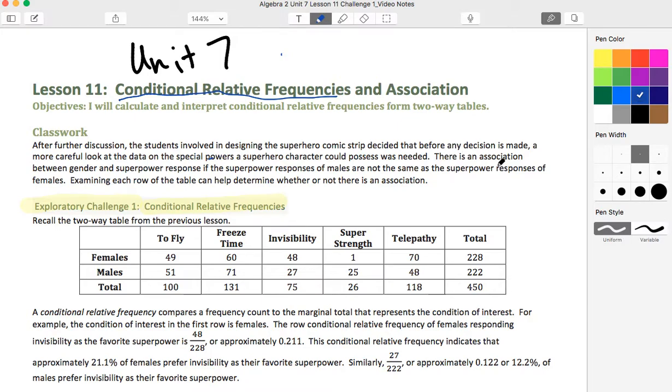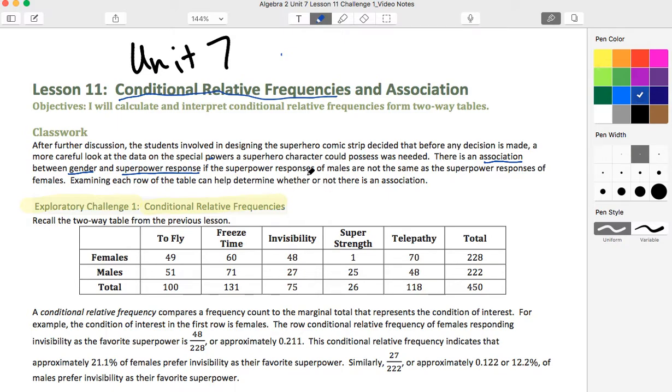There is an association, a special word we're going to use in later exploratory challenges, between gender category and superpower response. That is also another category. If the superpower responses of males are not the same as the superpower responses of females, there's an association. By examining each row of the table, you can help determine whether or not there is an association.